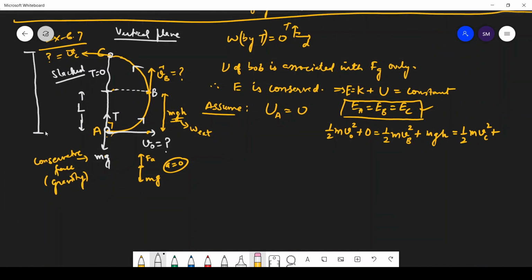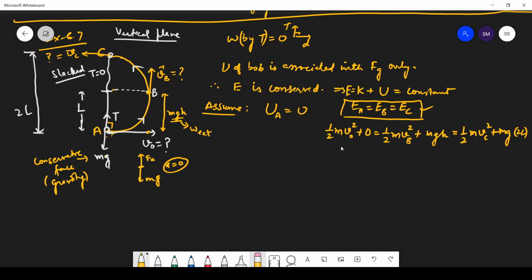This is R, this is 2R, so this is 2L. So the potential energy is mg into 2L. Students, I have just written the mechanical energies of the bob at A, at B, and at C.